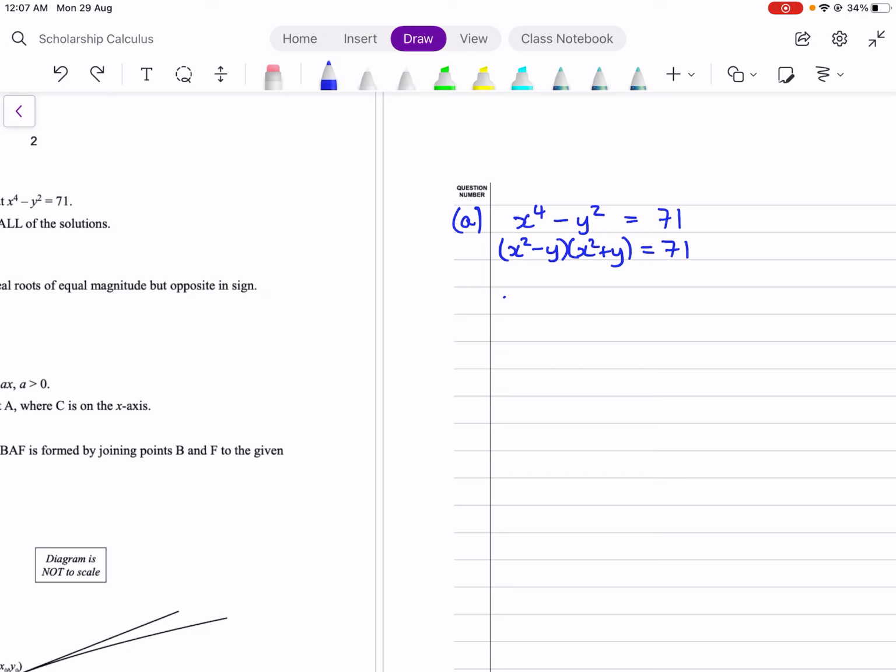Because x and y are integers, x squared minus y and x squared plus y are integers, and 71 is prime.